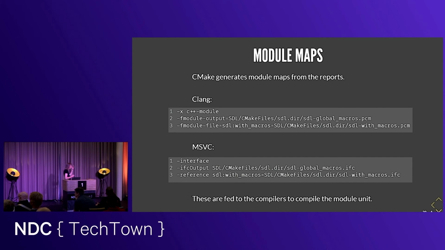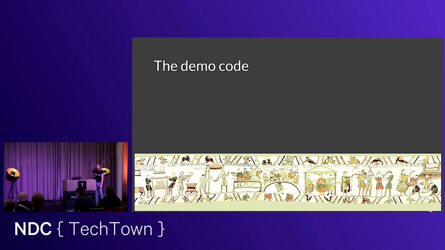This is nothing complicated, it just tells Clang: use this compiler flag, this is where you have to put the BMI file, and this is where you find the BMI file of your dependency. And the same with MSVC, just the same. And this is all the magic that's required to make CMake happy and support modules.